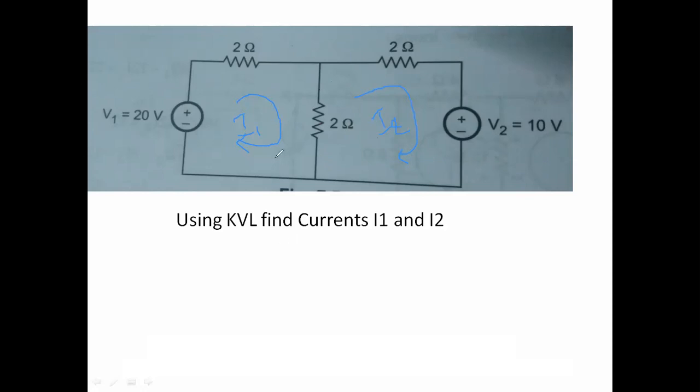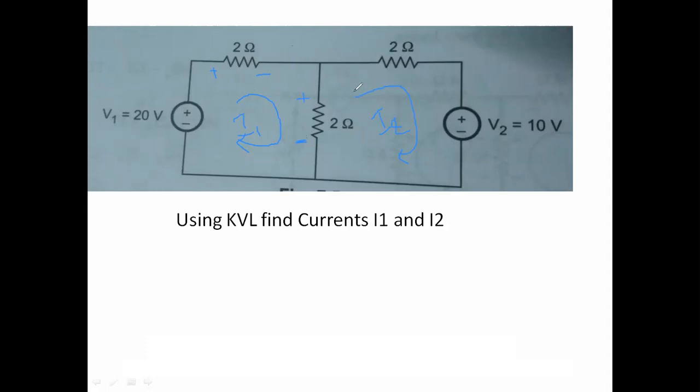First of all, we will apply KVL, Kirchhoff's voltage law. For that we have to represent the polarity notation. When the current flows through a resistor, this side becomes positive and this side becomes negative. In this circuit, this is I1, so while flowing through the 2 ohms resistance, this becomes positive and this becomes negative.